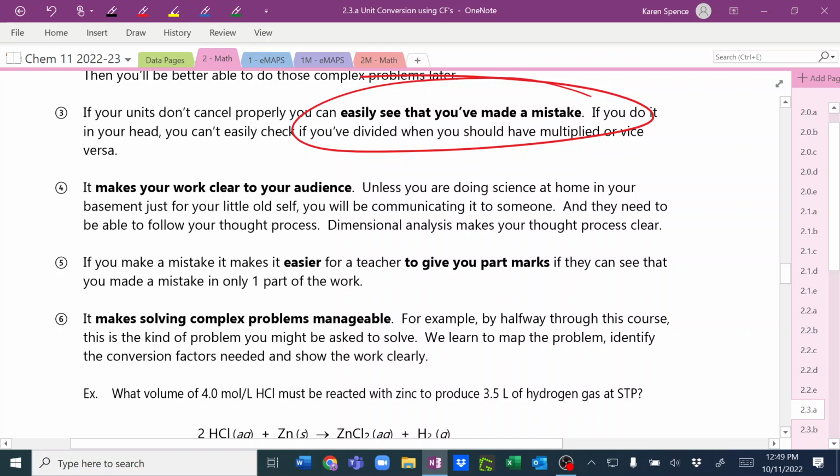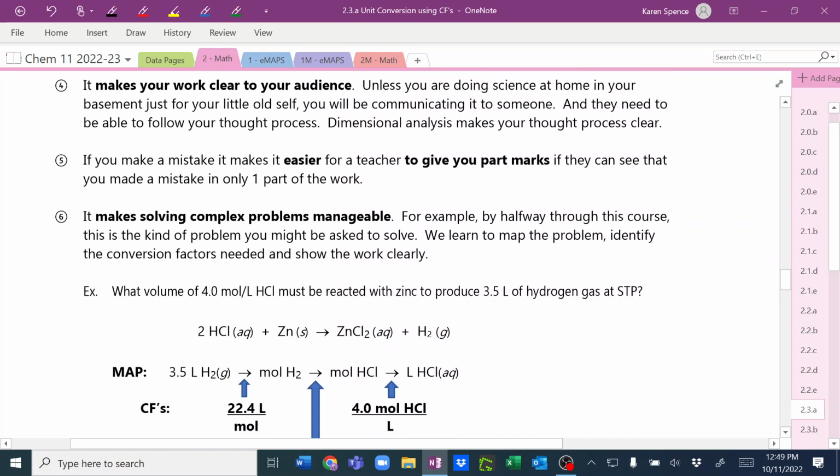Along the way, you're going to have something that has 4 steps in it. And if you make a mistake in step 1 and you don't show your work, I can't give you any credit for it. But if you make a mistake in step 1 and I can see everything else is correct, I can give you like 3.5 out of 4 sometimes even. You know what I mean?